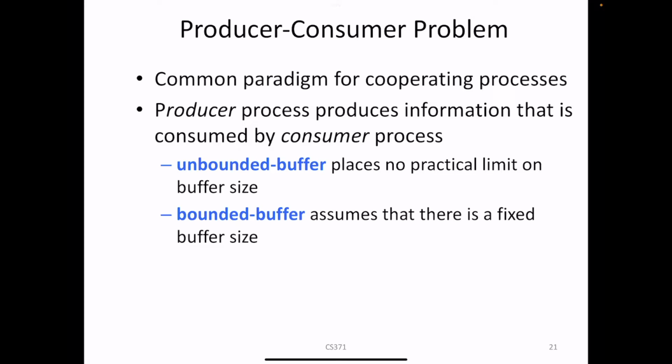One is an unbounded buffer, which means the buffer used to temporarily hold the information is unlimited, without boundary. On the other hand, in the real world, the buffer is limited with a fixed buffer size. For this situation, we call it a bounded buffer.